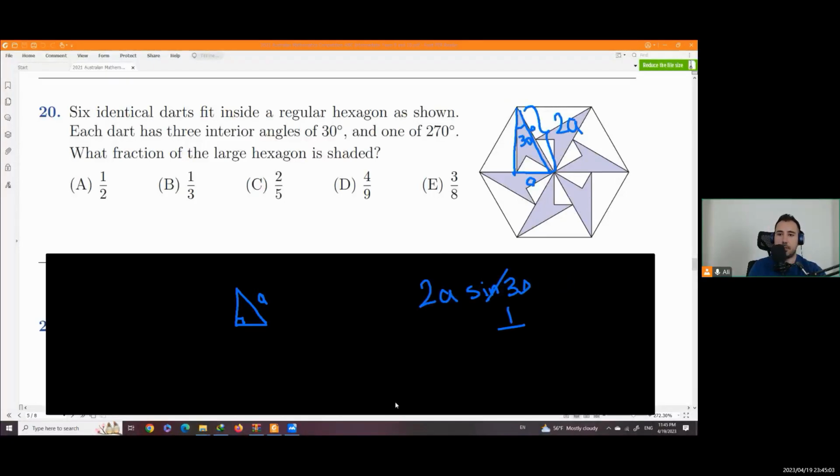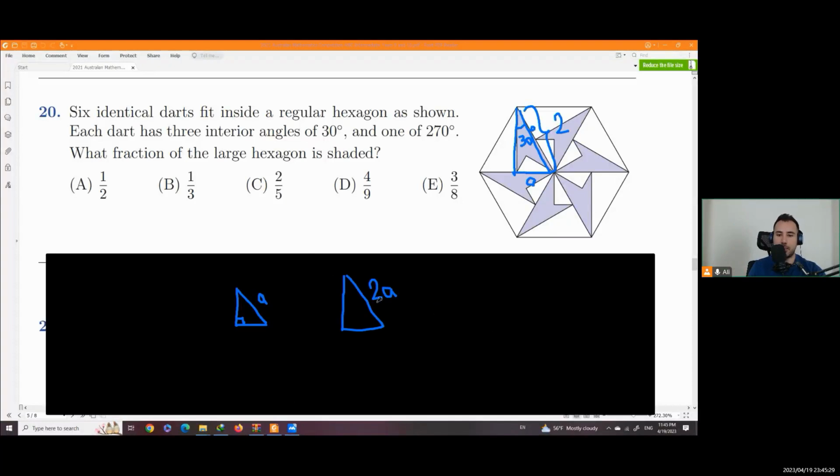So now in this triangle, the large one, the hypotenuse would be 2A. The large one would be the hypotenuse. And we know that these two are similar. They have 90, 30, and 60 degrees as angles.